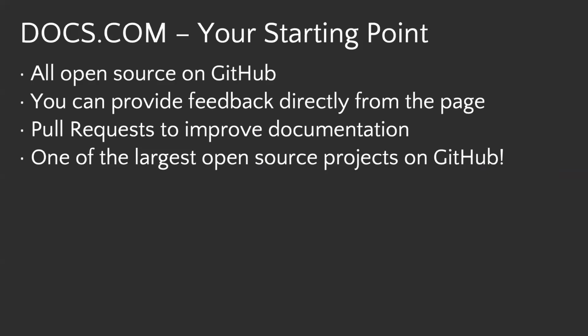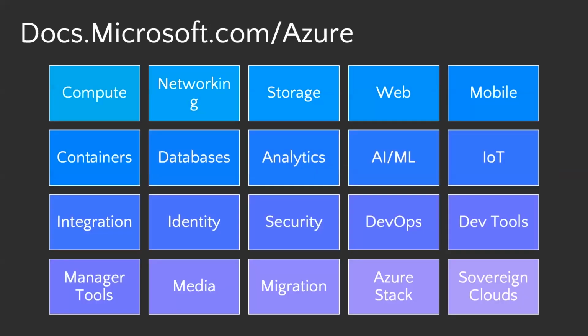So docs.microsoft.com/Azure will give you a list of services, and you can go into each of these services and look for the help which you need from the documentation perspective. There are a lot of quick starts, a lot of tutorials, and sample code which is available for all of these services.